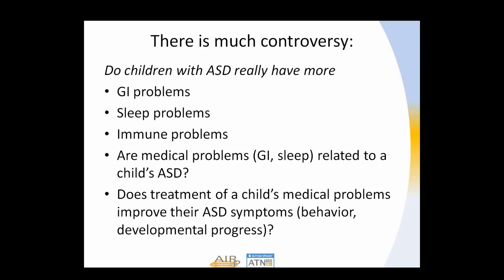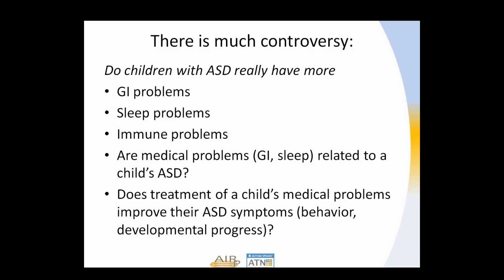Now, there's been a lot of controversy about these medical conditions as to whether these really occur more frequently than in the general population or simply about the same. In addition, some people have wondered, when these medical problems appear, are they part of the child's autism spectrum disorder, or is it simply an additional problem, the same as any of us on this webinar might have both diabetes and high blood pressure?